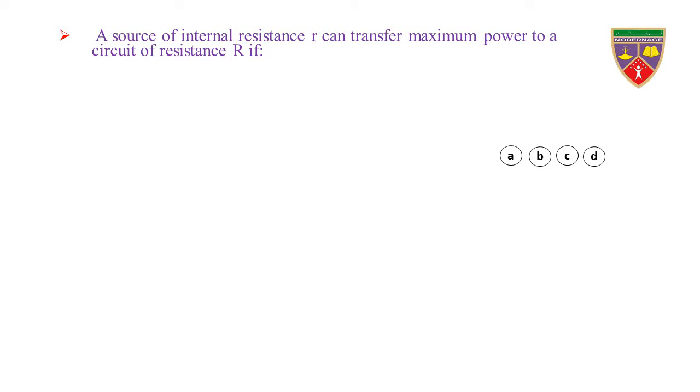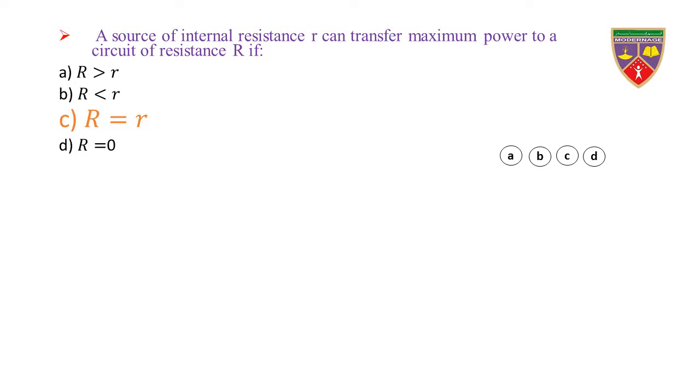A source of internal resistance small r can transfer maximum power to a circuit of resistance capital R if option A, capital R is greater than small r, B, capital R is less than small r, C, capital R is equal to small r, option D, capital R is 0.